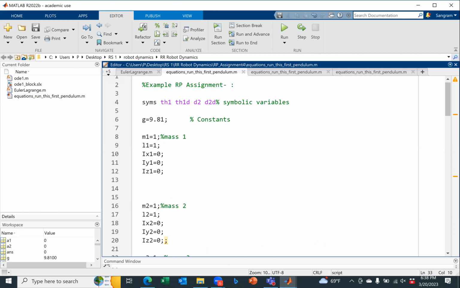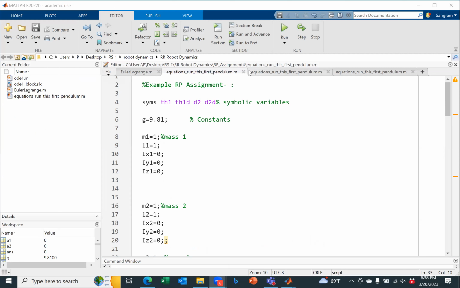Okay. So what you can see here is this is theta 1 dot, then D, D2 and D2. So these are the 4 variables.